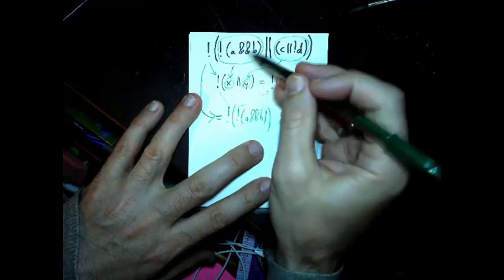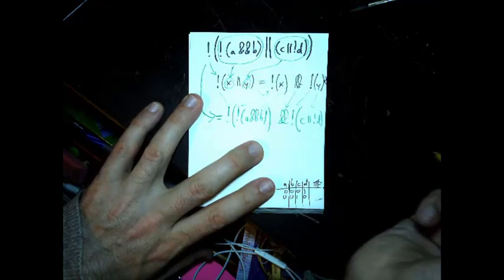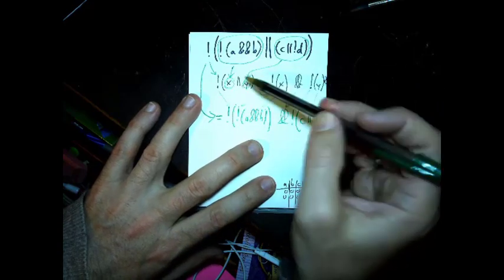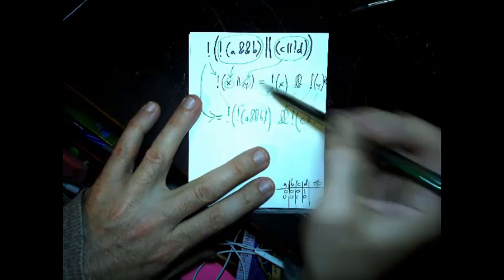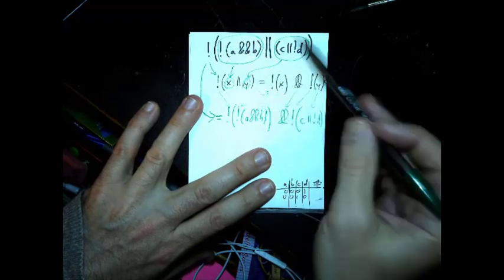X is this thing on the left side of the OR, Y is the thing on the right side of the OR. And I just said not X and not Y is not this thing on the left and not that thing.